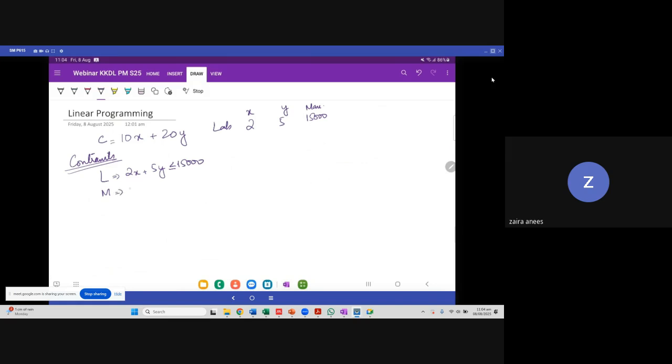In material, we will say, okay, fine. Let's suppose material consumption is 4 kilograms for X and 3 kilograms for Y. And let's suppose maximum consumption is 12,000 kilograms. In that case we will write 4 kilograms used in the manufacturing of X, 3 kilograms used in the manufacturing of Y should be less than or equal to 12,000, right?